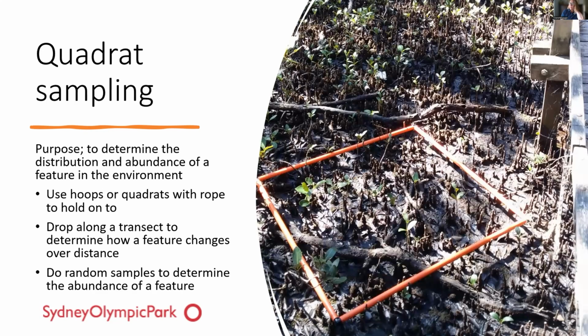So one of the things that we do at Sydney Olympic Park is a range of fieldwork activities that help students understand how to investigate a particular natural environment. We do this through a range of different fieldwork techniques, and one of them is quadrat sampling.